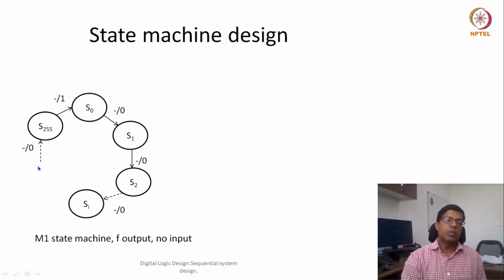So this can be represented using a Moore machine also, but here the representation is a Mealy machine, though ideally it's a Moore machine. It's just a matter of representation. Even if we use the method of implementing using flip-flops and next state equations, it will turn out to be a counter.